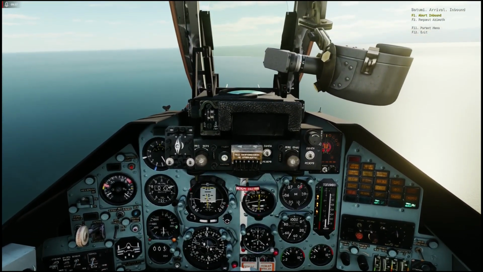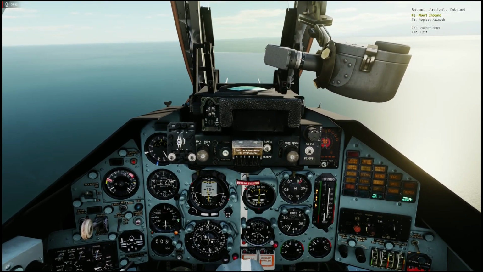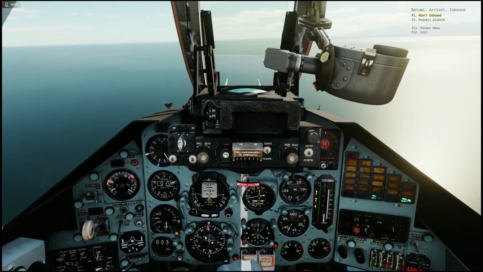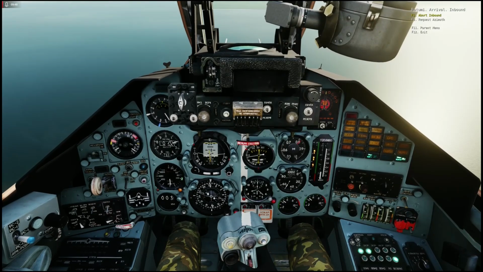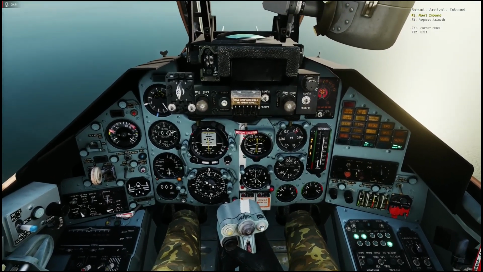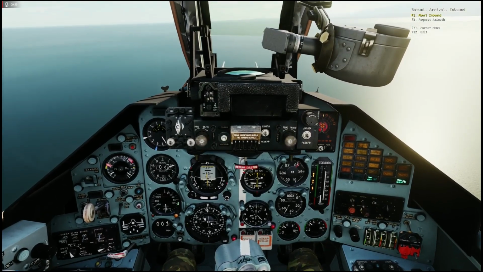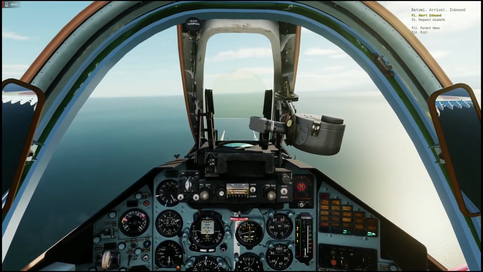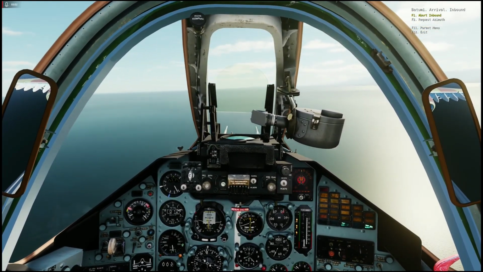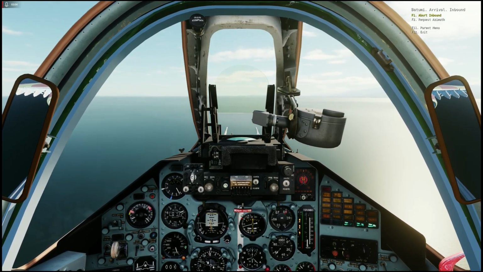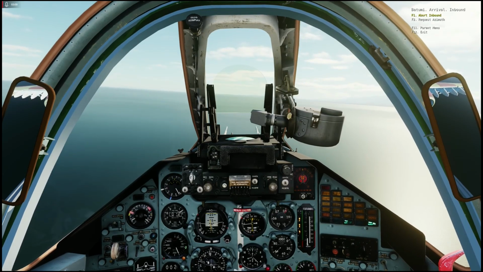And remember, right now I'm ignoring this instrument, the ADI, and I'm focusing on the HSI. When I reach the return point and line up using the HSI, I'll be ignoring that and using the ADI. 2 kilometers.